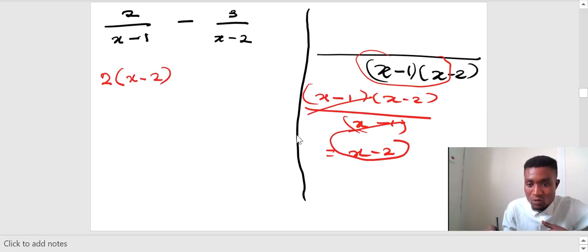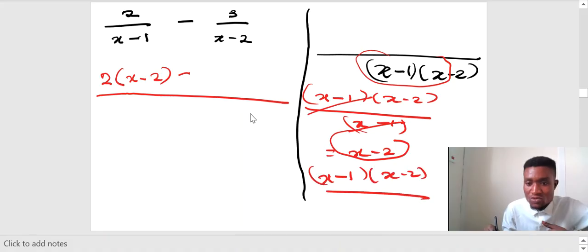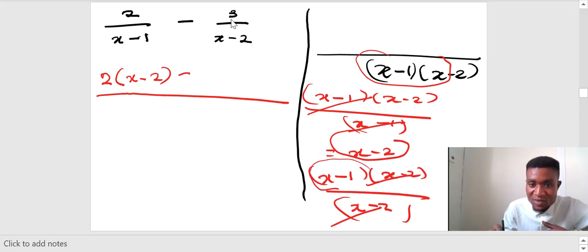Now draw a straight line, bring down the minus. Now divide x minus 1, x minus 2 by the second denominator, x minus 2. Of course, this will cancel out, and you'll be left with x minus 1. So multiply the result by this 3.